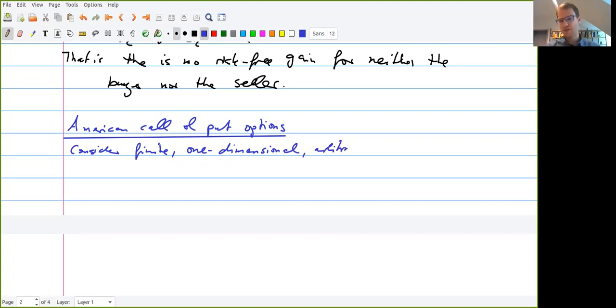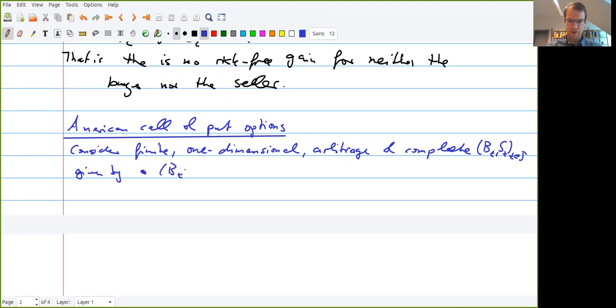To make sense of the hedging and pricing problem, we want to assume that the market is arbitrage free. And at least for the moment, we also want to assume that it's complete. And as usual, the assets are denoted by B and S.